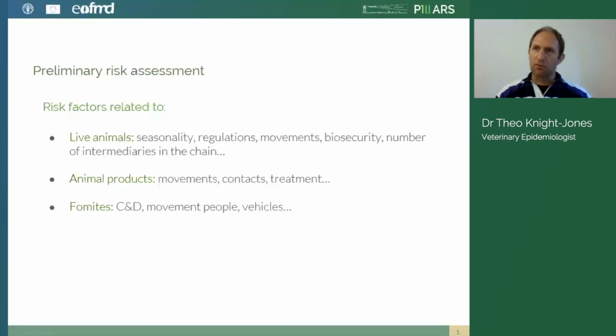But with animal products, you also have to consider, will susceptible species be exposed to potentially contaminated products? Swill feeding in pigs is a common route in some countries. But also fomites, so you'll need to consider the levels of cleansing and disinfection, how people share equipment, and also movement of people. If lots of people are working in different premises in certain settings or visiting each other, these will all be relevant.